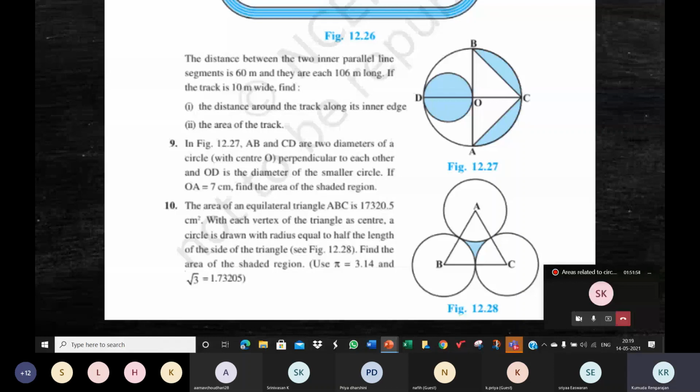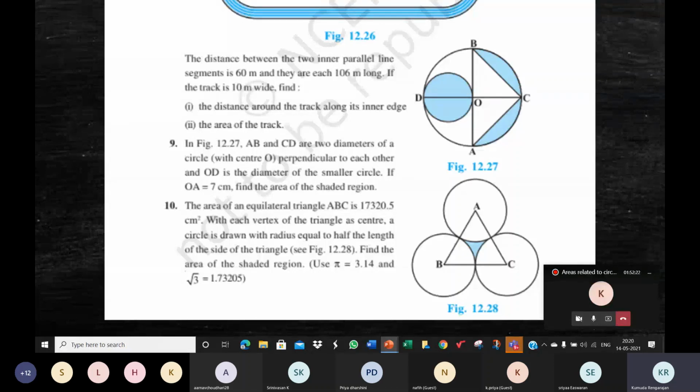All right. So first, with the area of the equilateral triangle, you equated this number 1720.5 to root 3 by 4 a square. And look at the important information given there.